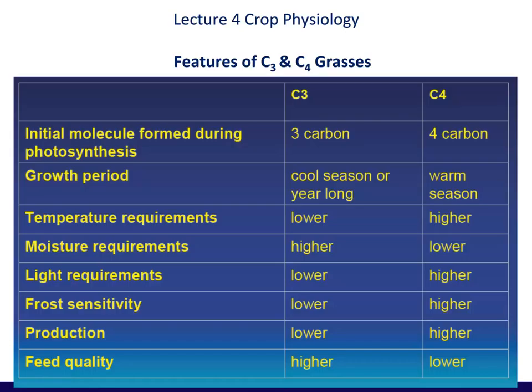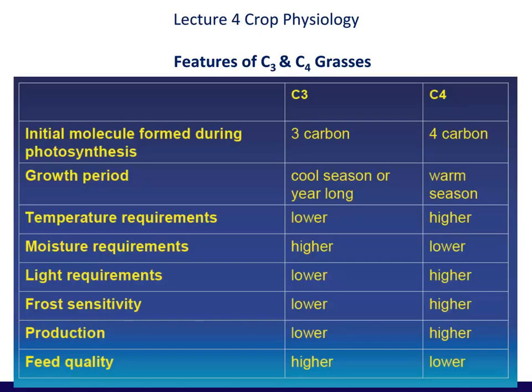C3 plants tend to do well in lower temperatures, while C4 plants tend to do better at higher temperatures. C3 plants tend to do well when the moisture or water levels are high, whereas C4 plants have evolved to be good in drought conditions or where moisture is low.